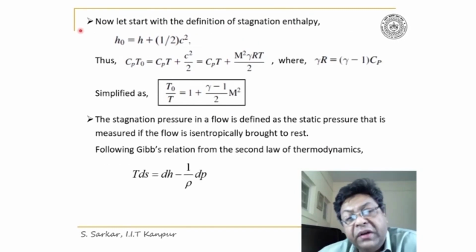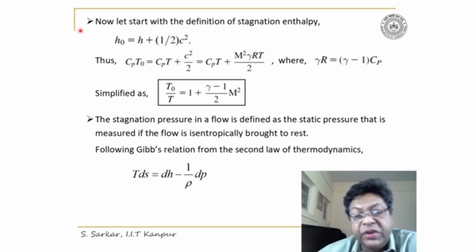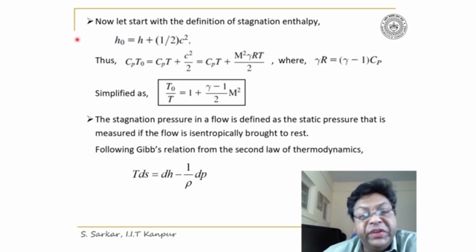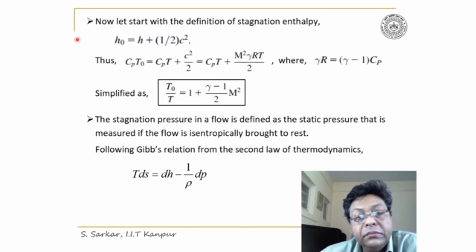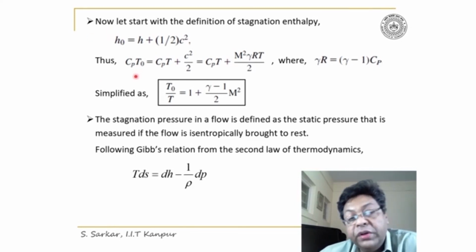Let us now start from the definition of stagnation enthalpy. Stagnation enthalpy h0 is defined as h plus half C squared, C being the local flow velocity. Thus Cp T0 is equal to Cp T plus C squared by 2.